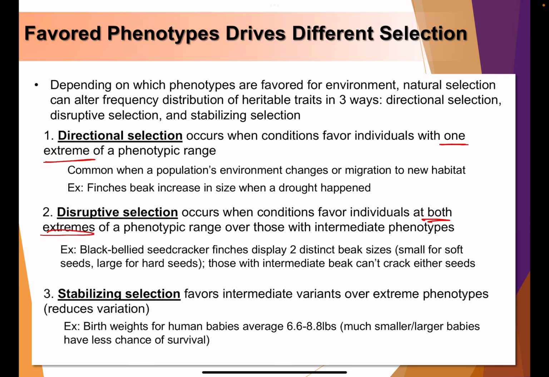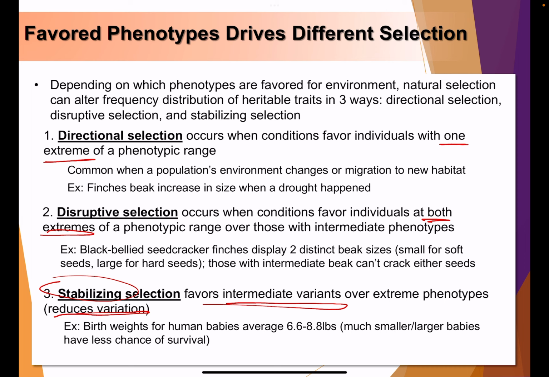So the third selection is called stabilizing selection, which is actually the opposite of disruptive. It favors intermediate variants over the extreme phenotypes. Now, in this case, because it favors intermediate variants, it actually reduces variation, which is why it stabilizes a particular population. So, for example, birth weights for human babies usually average anywhere from 6.6 to 8.8 pounds.